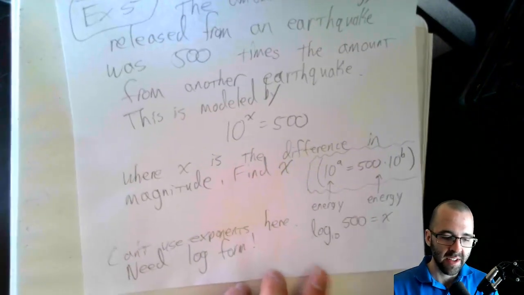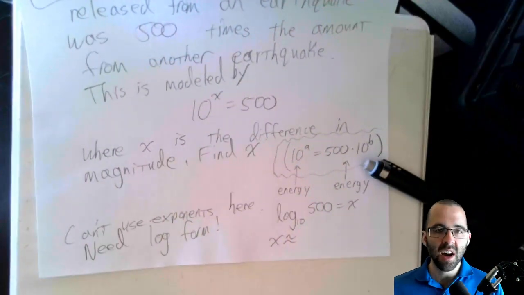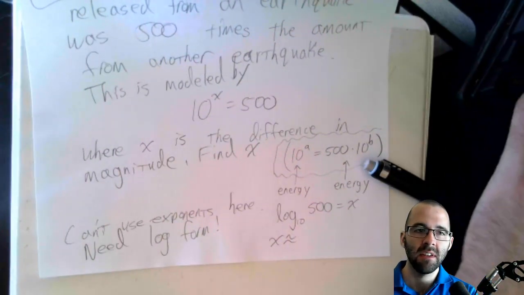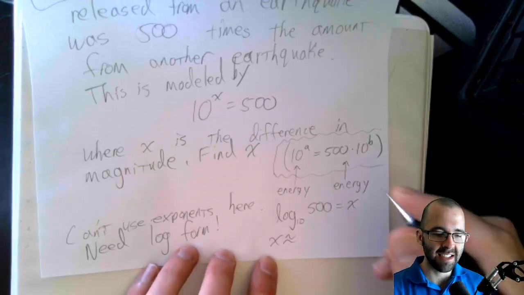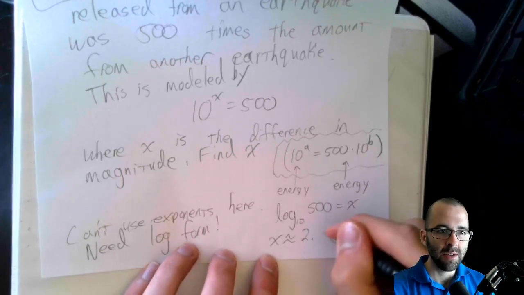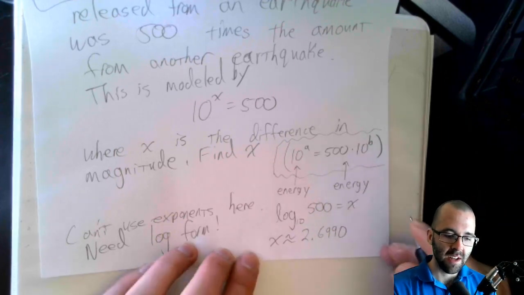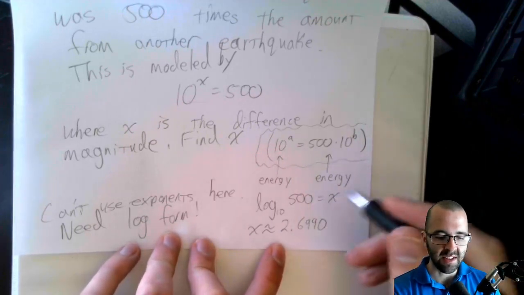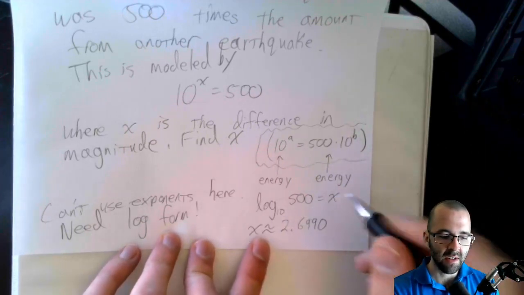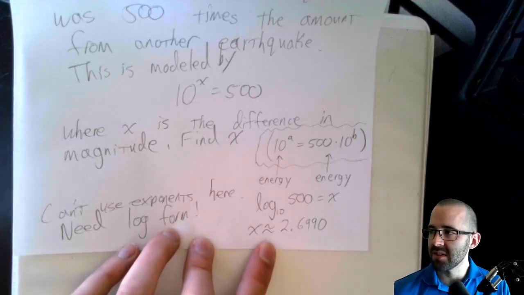Okay, so type that into your calculator using the common log. What is the common log of 500? 2.698. Well, 2.6990 approximately. So the difference in magnitude was 2.699, about 2.7. So maybe one of these earthquakes was like 5, one of these earthquakes was 7.7 or something.